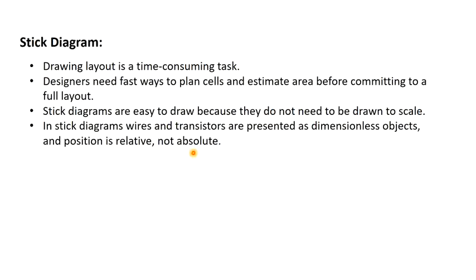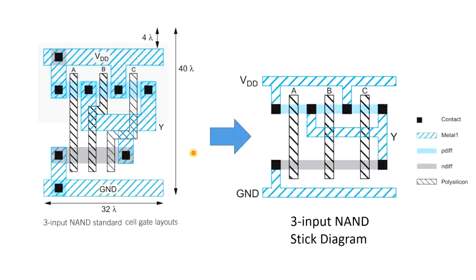For example, let us see a case as shown here. Same case, a layout of a 3-input NAND standard cell gate. If this layout is presented as a stick diagram, it looks something like this.